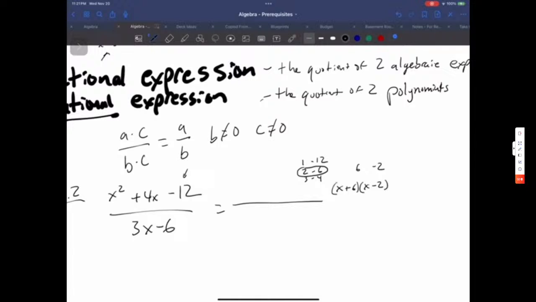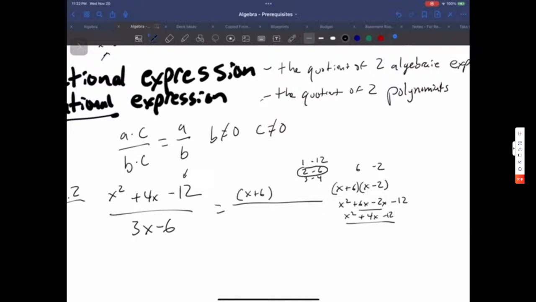Then I get x squared plus 6x minus 2x minus 12, and these two add up to plus 4x, which is the same as the original. So I'm going to put that as our factorization.